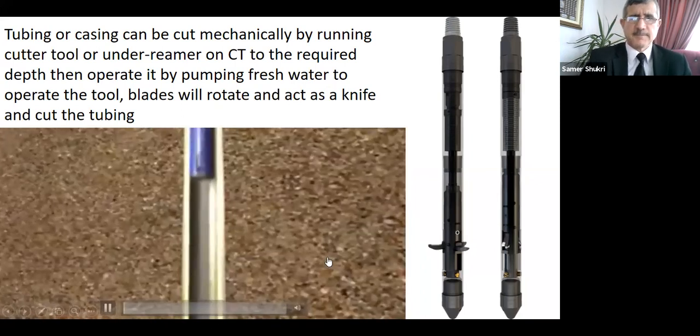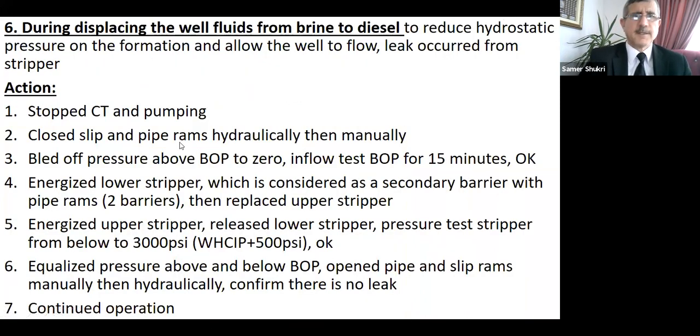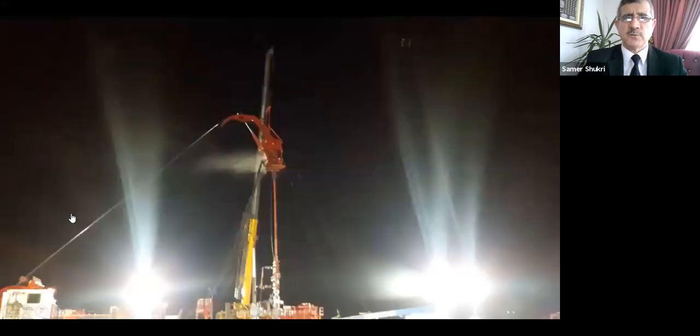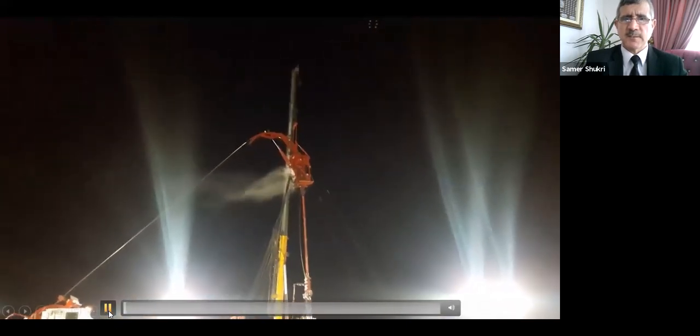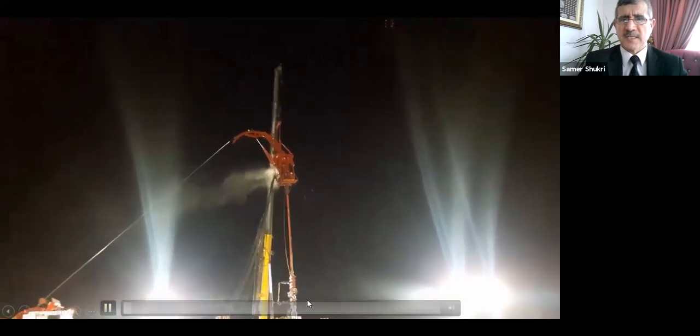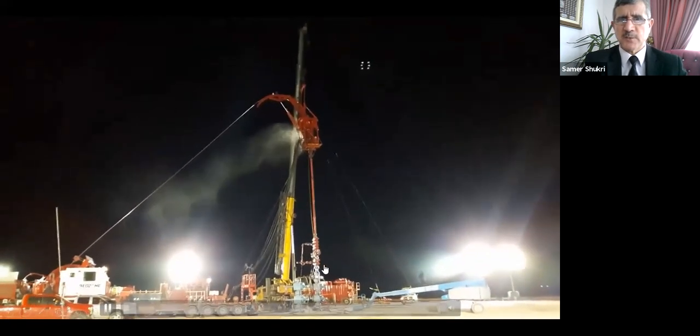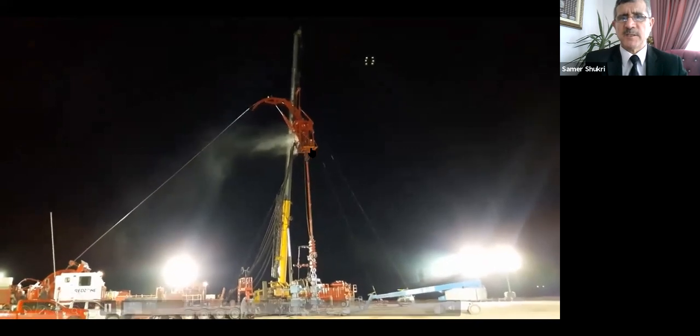Next, also during displacement to diesel, we have to reduce the hydrostatic pressure on the formation to allow the well. We have a leak in the stripper. As I told you, it happened similarly with us. We have to close the BOP, stop coil tubing, bleed off pressure above it.